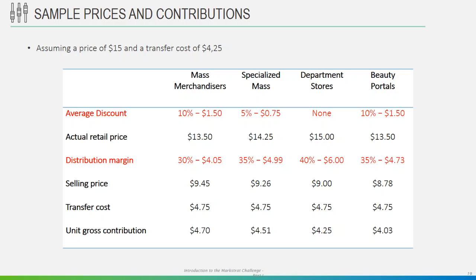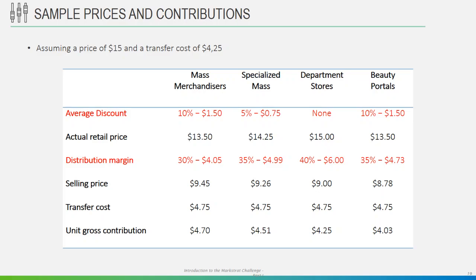Okay, so again, in this example, if you set a price of $15 for every unit sold in the mass merchandisers, you're going to get revenues of $9.45. Okay, for specialized mass retailers, it's $9.26. For department stores, it's $9, and for beauty portals, it's only $8.78.